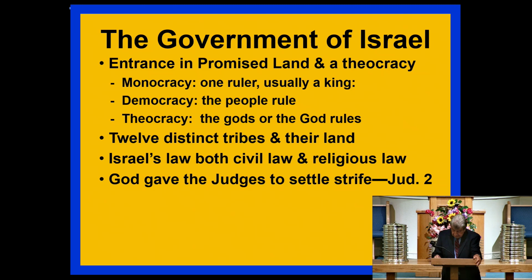Joshua the son of Nun, the servant of God, died when he was 110 years. Verse 10, when all that generation had been gathered to their fathers, another generation arose after them who did not know the Lord, nor the work which He had done in Israel. And so the next verse says, the children of Israel did evil in the sight of the Lord.